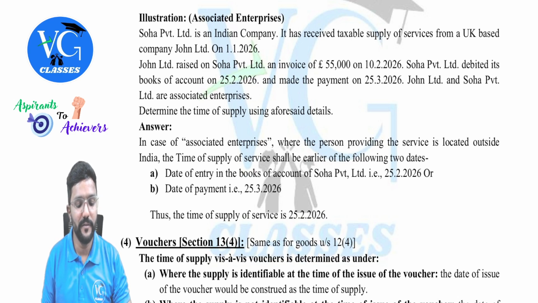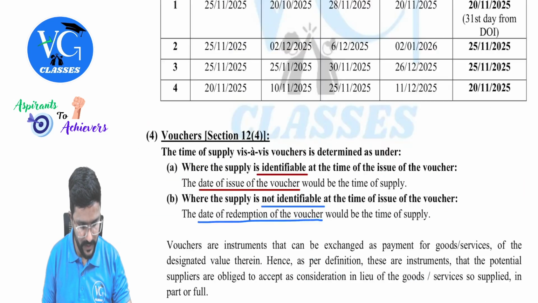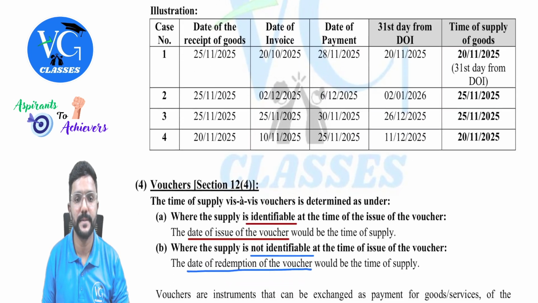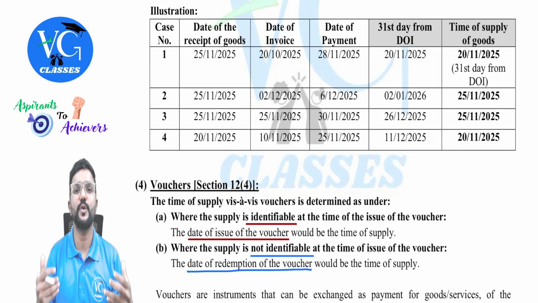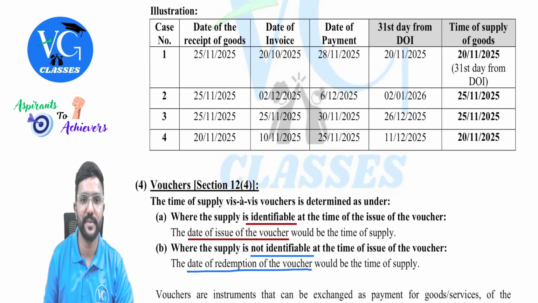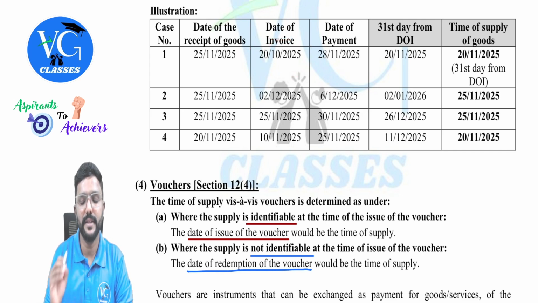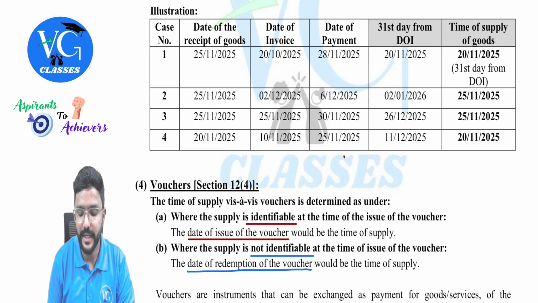Okay, fine. Now, even for goods, I will show you that 31st day calculation, because that is important. You can see this is for goods which are taxable under reverse charge mechanism, guys. Date of invoice is 20th October, so we need to calculate the 31st day.